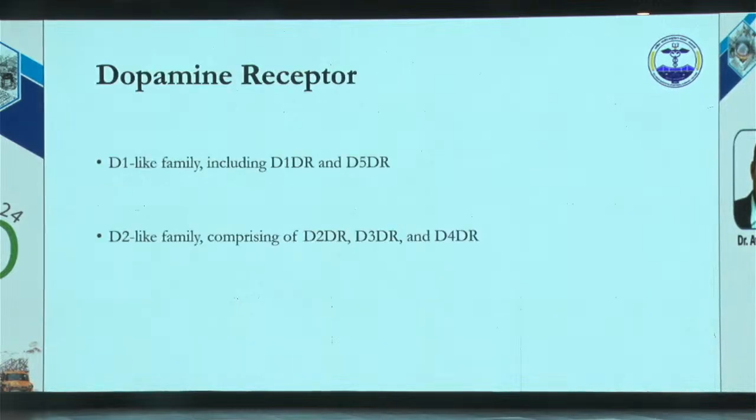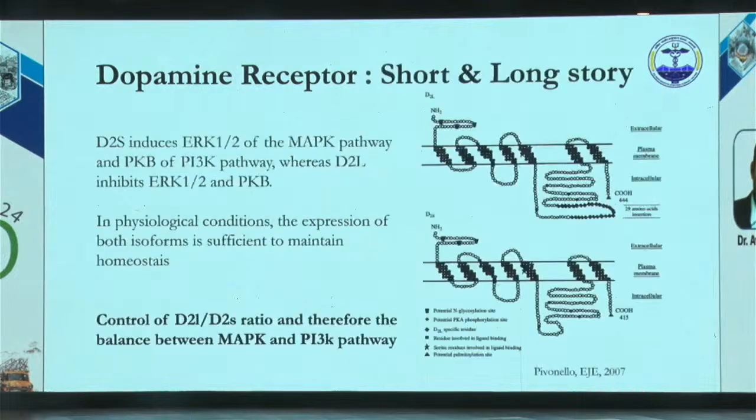So if we see the dopamine receptors, they're classically divided into two parts. The first one is D1-like and the second one is D2-like. This is an important concept where the D2 receptors are divided into two forms, short and long, called D2S and D2L. If you can see the upper end of the image, on your right hand side, that is the long dopamine receptor.